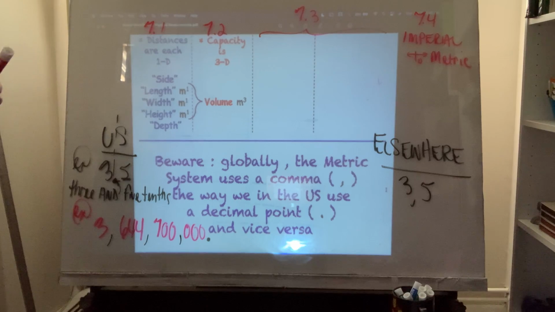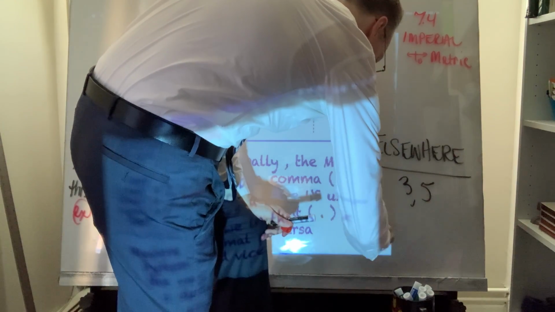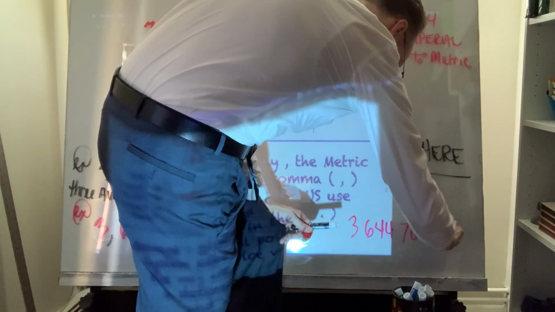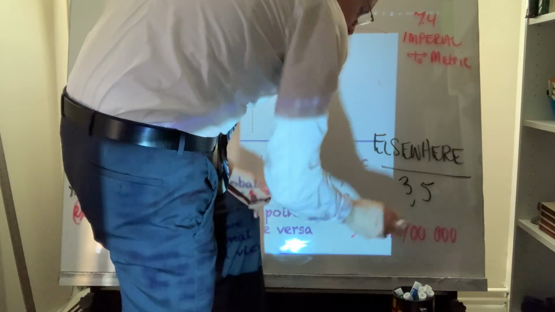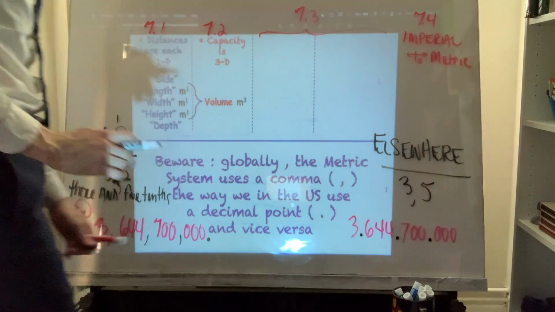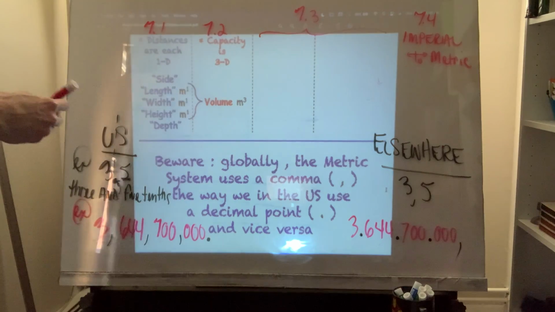Whereas, again, elsewhere, you'll see the same number, 3,644,700,000, but you'll see decimal points every group of 3, like that. And technically, you could put a comma there. Right?